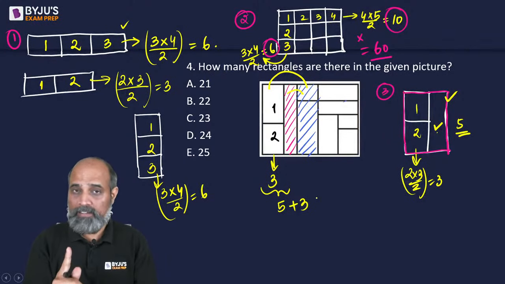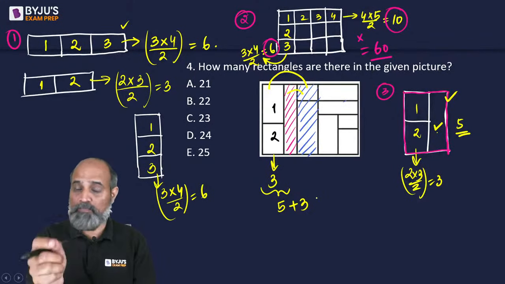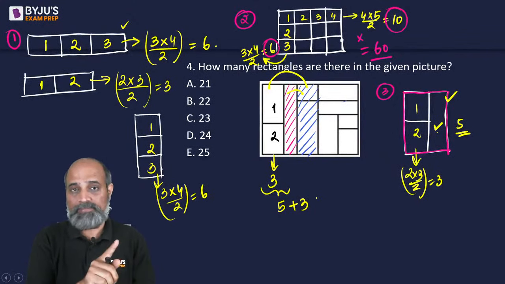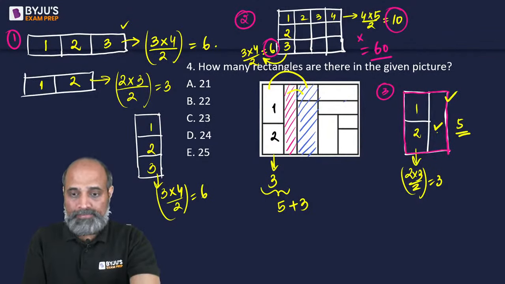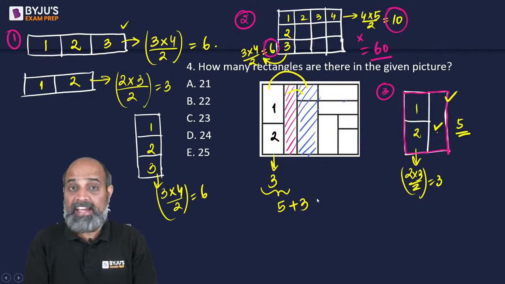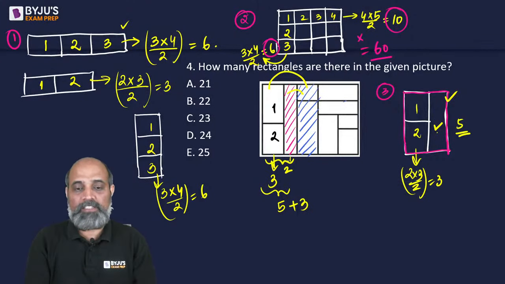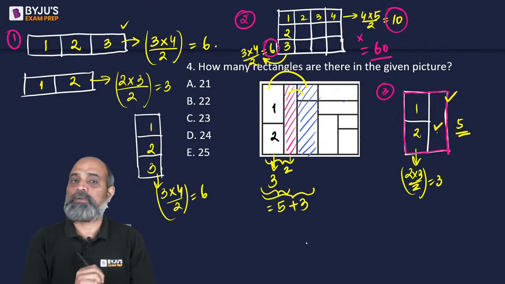तीन और आएंगे. One is that blue one, another is that blue and pink together, and the next one is the entire rectangle. Clear? 8 rectangles हो गए अभी तक. 3 just from the vertical one, 2 because of the addition of one more rectangle, so that results in a 5, and another 3 because of the addition of that blue rectangle.